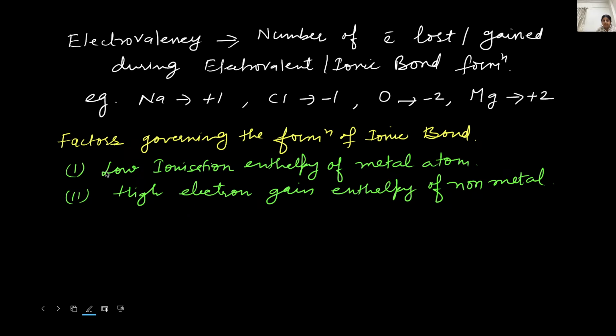We can explain these two terms with the example of sodium chloride, students. It is a typical standard example to understand ionization enthalpy and electron gain enthalpy. Okay. So, see here, the electronic configuration for sodium atom is 2,8,1.